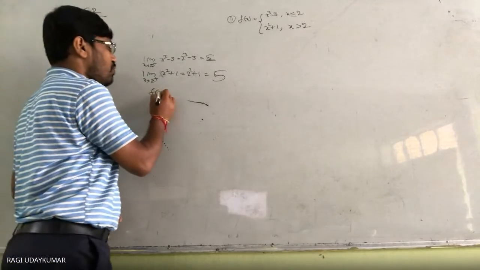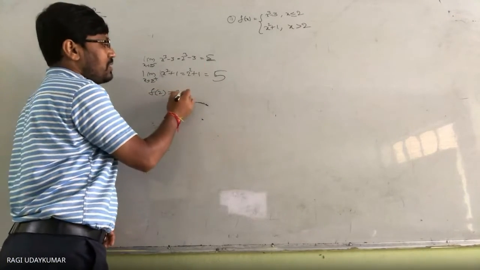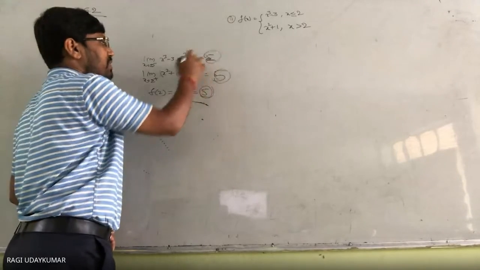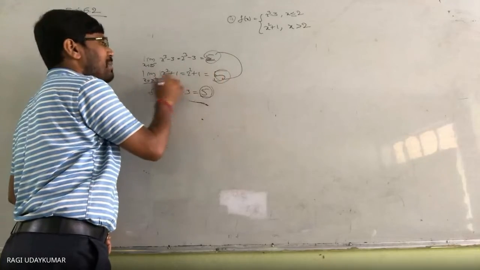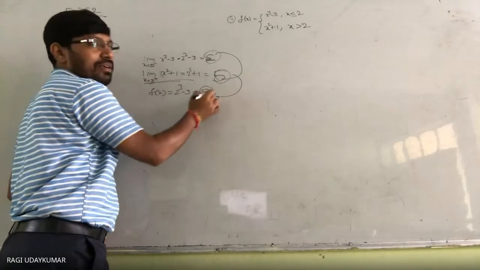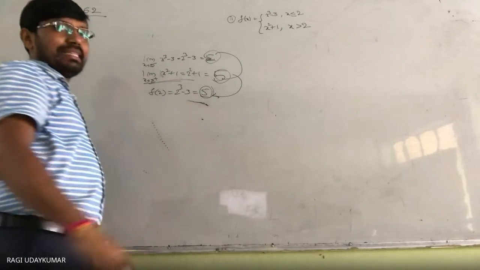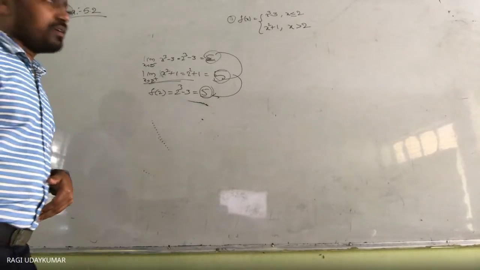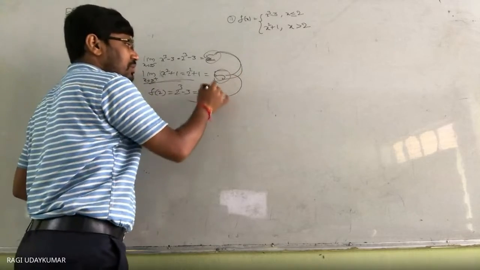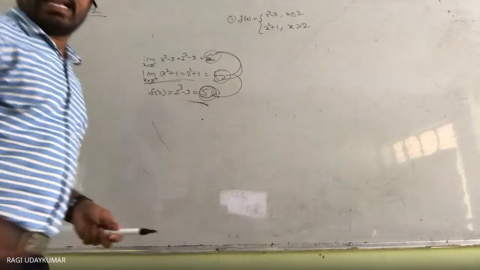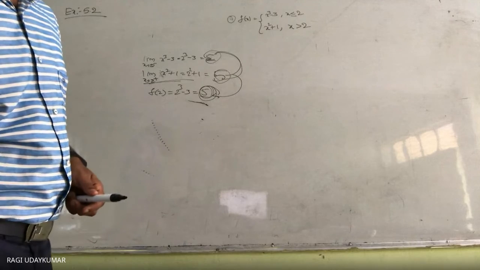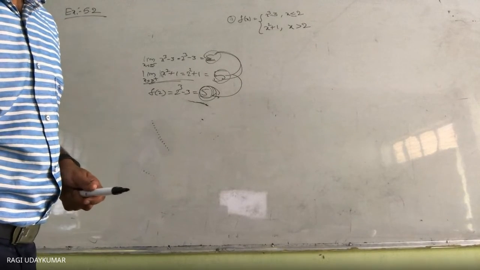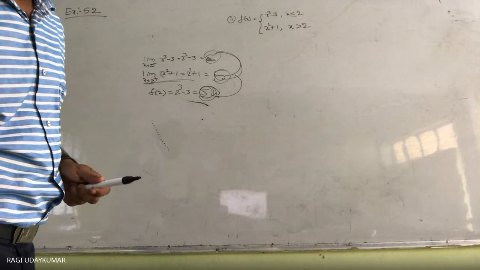Then what is f of 2 value exactly 2 means that is also 2 cube minus 3, that is also 5. This is 5, this is 5, this is 5. If these two are equal, limit exists. If these 3 are equal then it is continuous. If these two are equal and this is another number if you are getting then it is not continuous but limit exists. Is it clear to you?